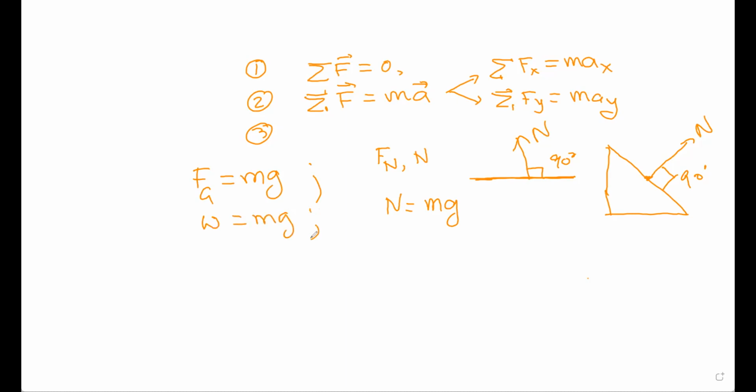So in many problems the normal force and the gravitational force are equal and opposite. For example, if we have an object somewhere here, and there is no other force acting on the object except the gravitational force and normal force, then the normal force is equal to the gravitational force. But it is not always the case.